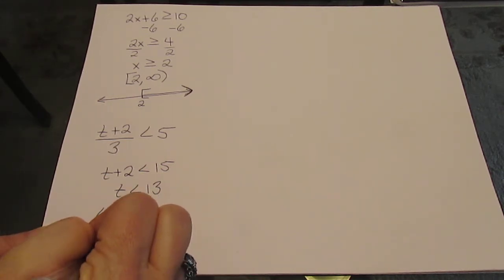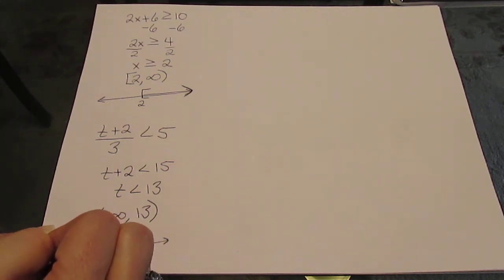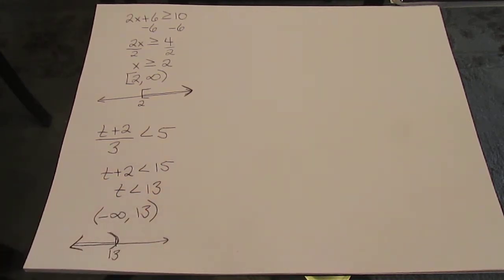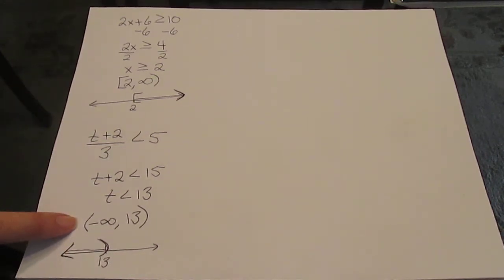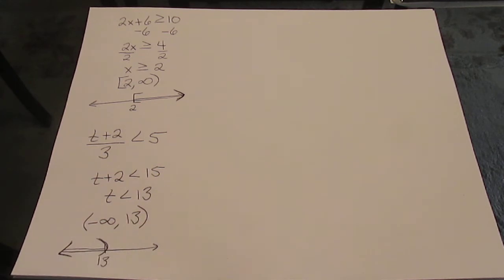So I'll put the 13 on here. This time we're going to shade to the left. It's got a parenthesis, or you could have put an open circle. Make sure when you're doing interval notation, you always put the smallest part first. So smallest to biggest, read from left to right.